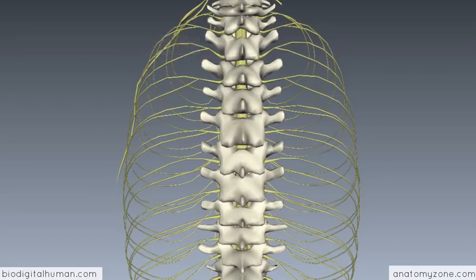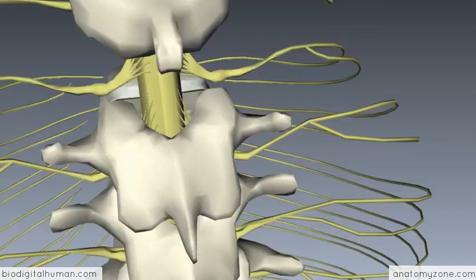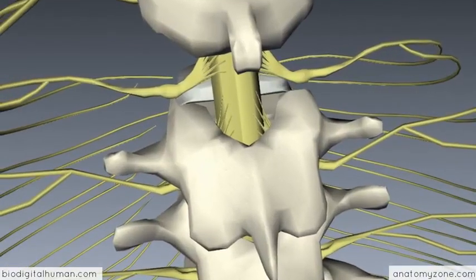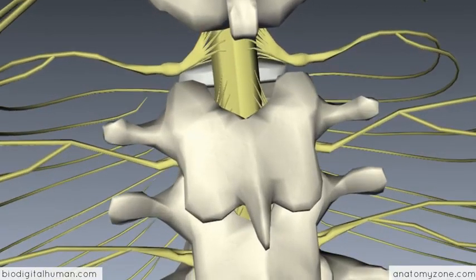So let's take a look at how these spinal nerves attach to the spinal cord. What we're looking at now is the cervical region of the spinal cord, and I've removed one of the cervical vertebrae just so we can see how the spinal nerves attach. You can see that there are little rootlets which attach to the spinal cord, and these rootlets then converge to form the ventral and dorsal roots.